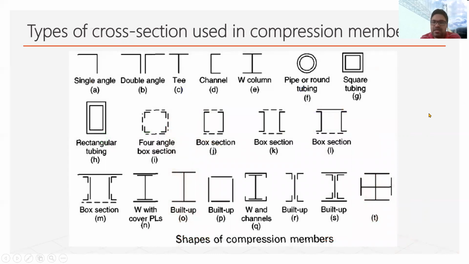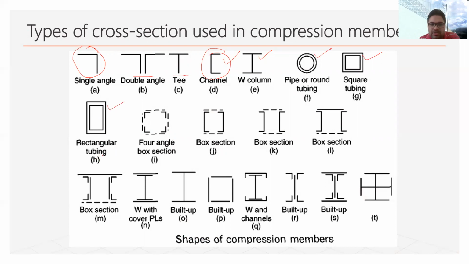Then there are different cross sections that are used as compression members. A single angle section can be used as a compression member in a truss, and double angles again in a truss, and T sections. Others are single sections like channel sections, wide flange I sections, similarly hollow pipe sections, square tubes, and rectangular tubing.